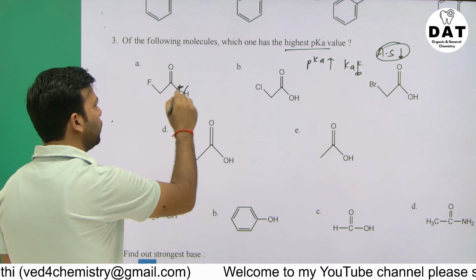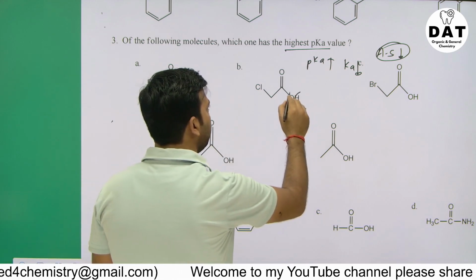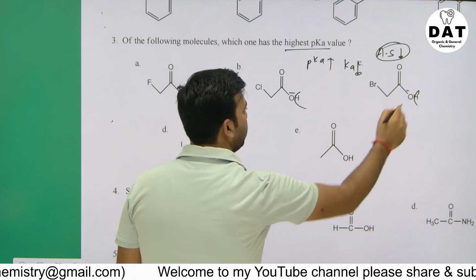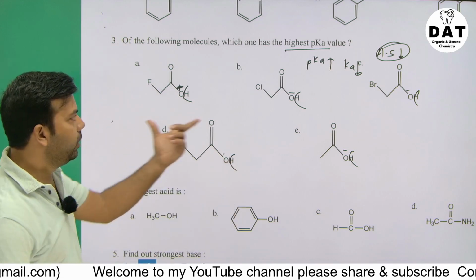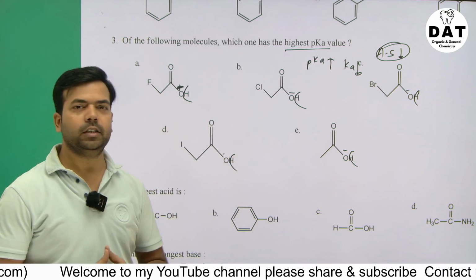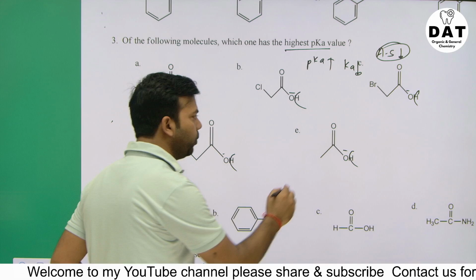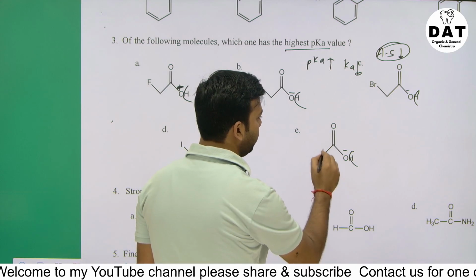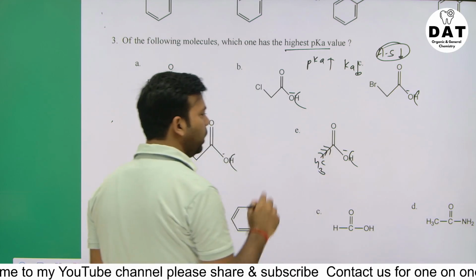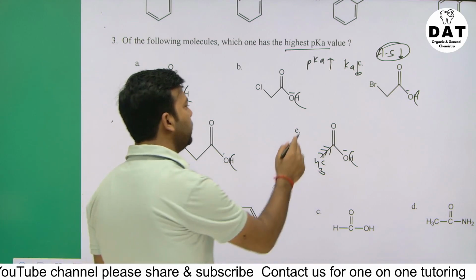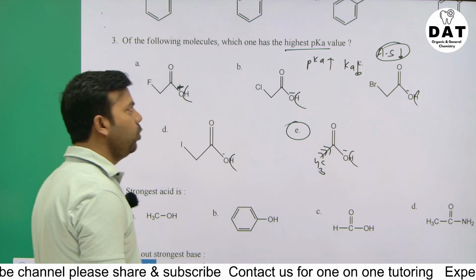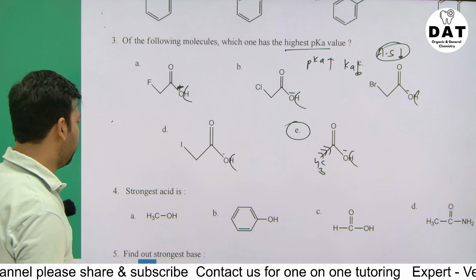So the conjugate bases are O minus, O minus, O minus, and so on. Everyone has a withdrawing group except E. You can see E has a methyl group, and methyl is a donating one, so it will destabilize the conjugate base. That's why that has the highest pKa, means lowest Ka and is less acidic.